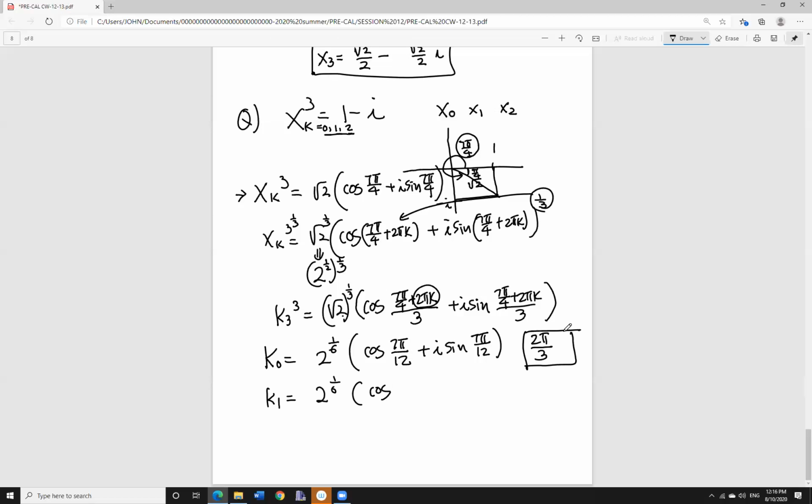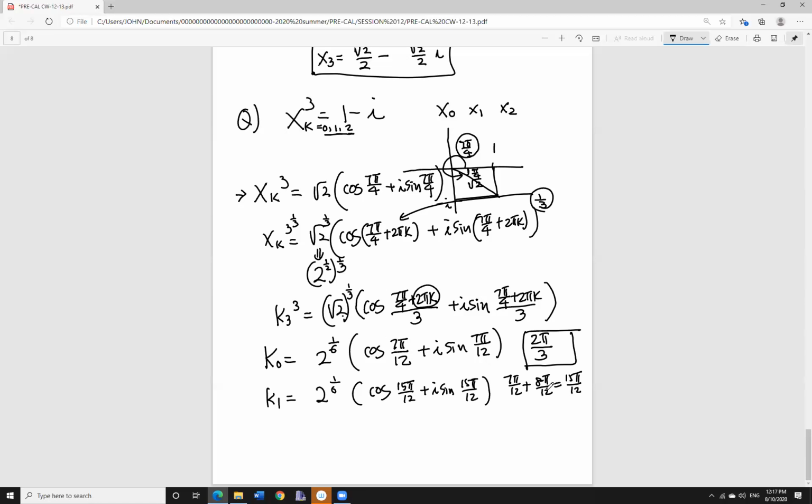So the next one, 7 pi over 12 plus 2 pi over 3 is how much? 7 pi over 12 plus 8 pi over 12 is 15 pi over 12. That's right: cosine 15 pi over 12 plus i sine 15 pi over 12.